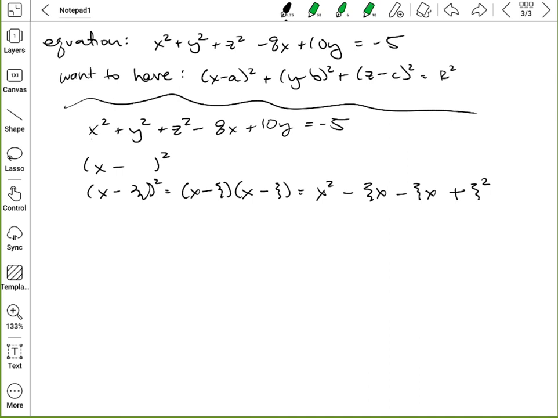So I don't have to worry about anything out in front of this x. It's just going to stay the way it is. And then if two of these numbers are going to come out of the squared, and I want them to simplify to minus 8x, I need this number to be half of what I already see in my equation.